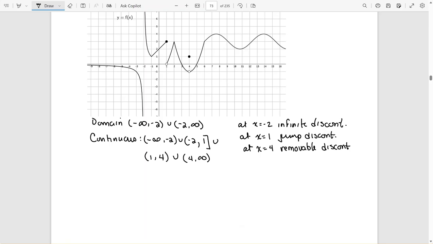So where it's not continuous, it's also not differentiable. So I know it's those 3, but then there's other places where it's not differentiable but it is still continuous. Those are the places where we have sharp corners, or a vertical tangent line, or a discontinuity. So where is it not differentiable?